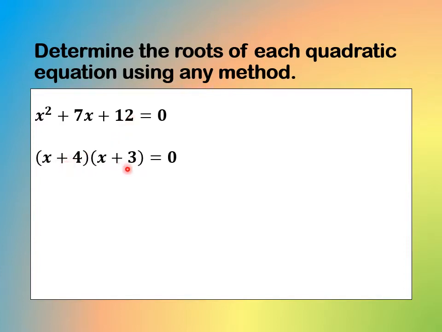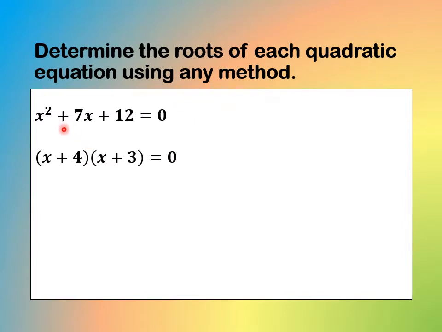Kung mapapansin nyo, ang sign ng ating binomials ay parehas na positive. Bakit? Kasi ang sign ng ating last term ay positive. So, meaning, kung positive ang sign ng last term natin, dalawa lang ang magiging choices ng signs ng binomials. Pwedeng parehas na positive or parehas na negative.